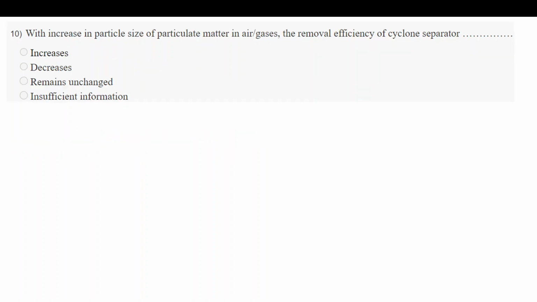Next question is: with increase in the particle size of particulate matter, the removal efficiency of cyclone separator dash. So here the basic phenomenon that plays a role is, bigger the particles, more will be the force acting, and easier will be the settling, because centrifugal force is the force which is acting on the particle that leads to the separation, and it is equal to mv square by r.